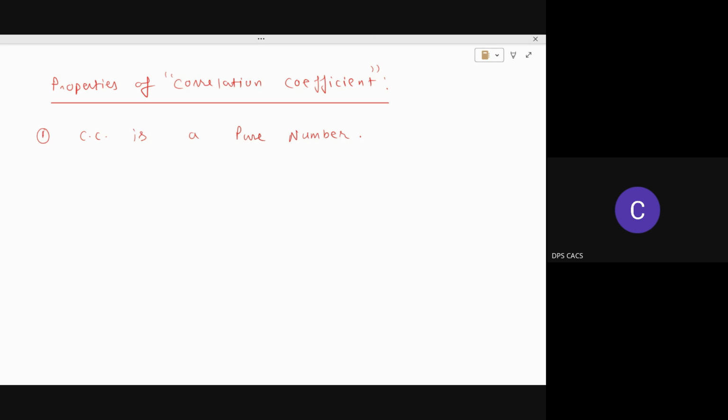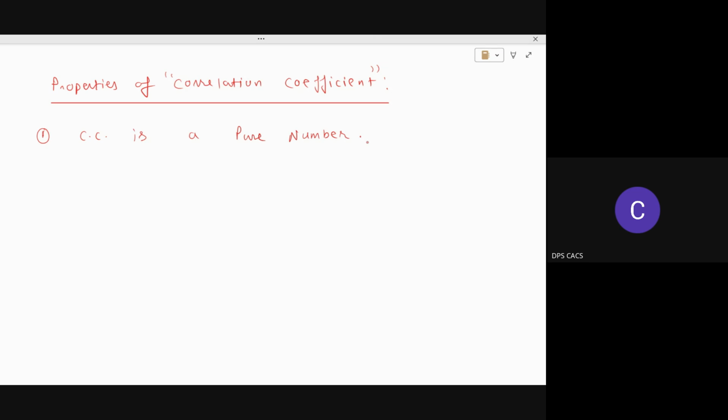Okay, means if I say correlation is 1, then it is 1. It is not 1 meter, liter, kg, rupees, nothing. It is just 1. So it is the degree and it is the unit in itself. That is why we call it what? Pure number. So please write down.